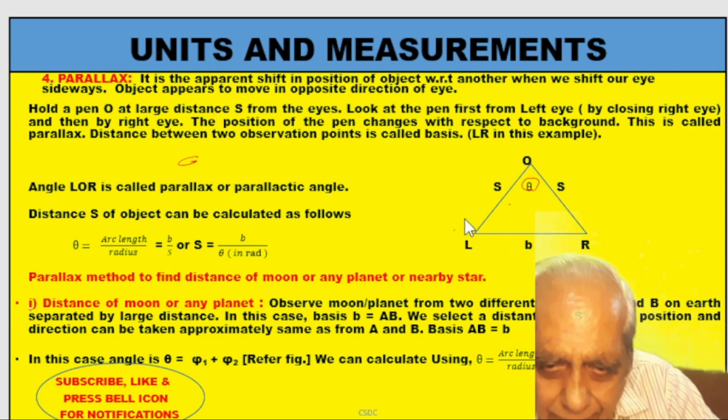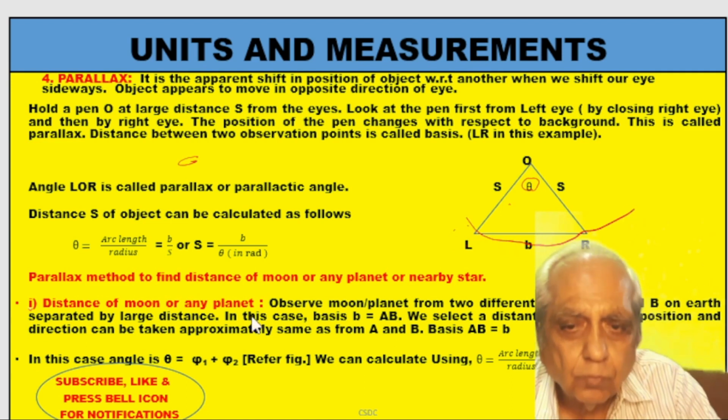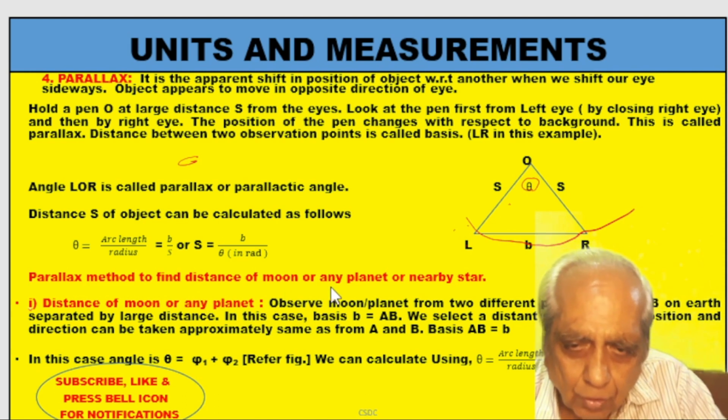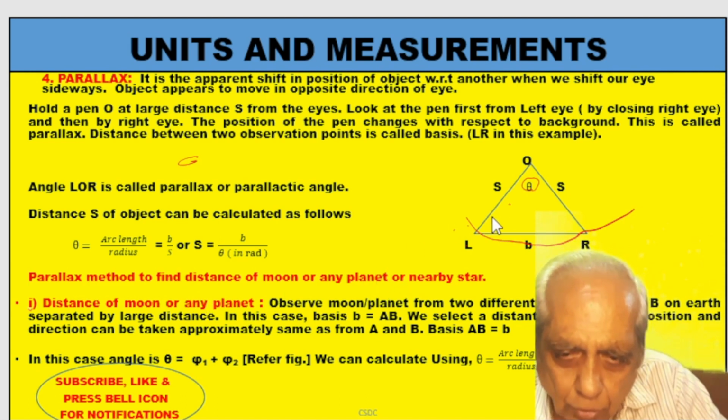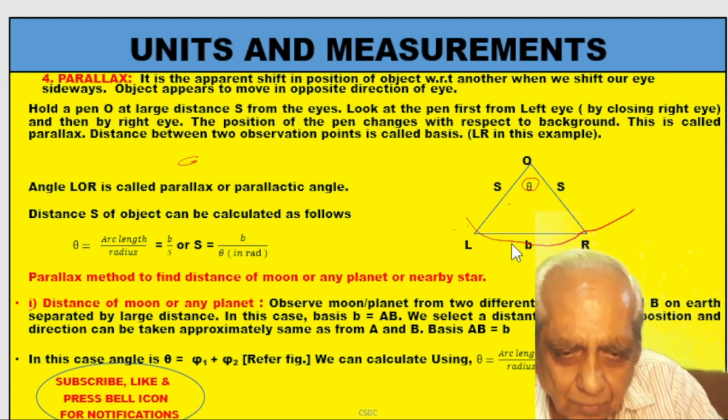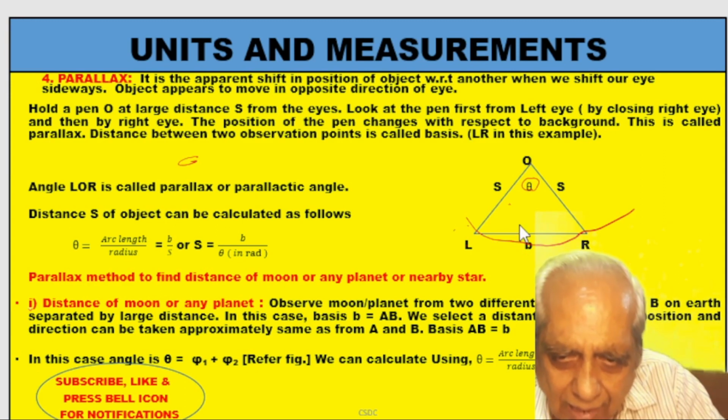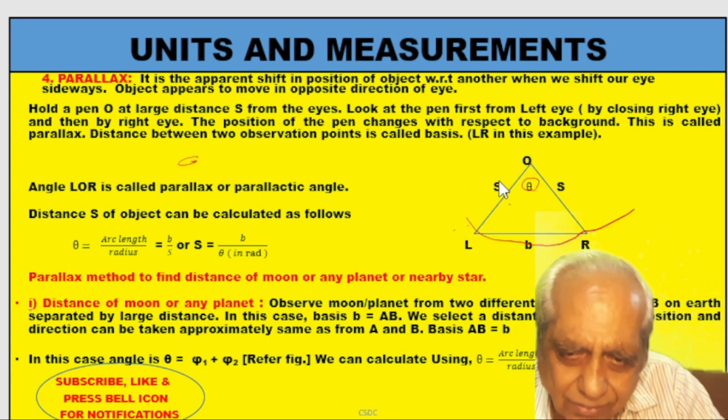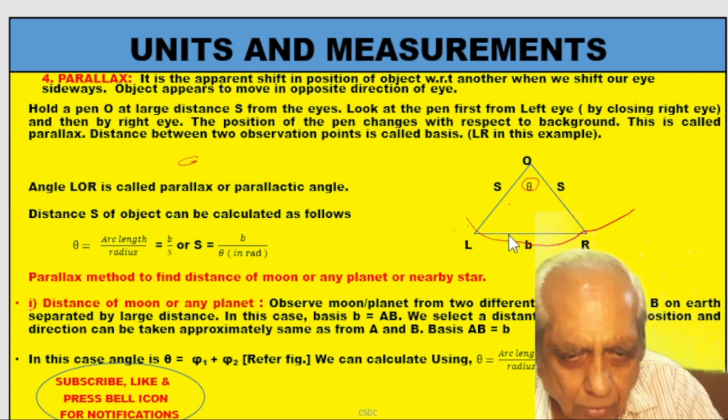So with O as the center, if you make an arc, the arc may come like this. We have learned, if we know the angle and this radius S, then the arc length is L to R as shown in red, and LR is the chord. If S is very large, then the difference between these two lengths would be very, very small or negligible.